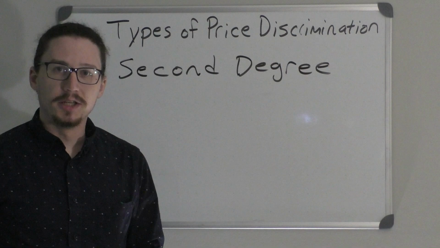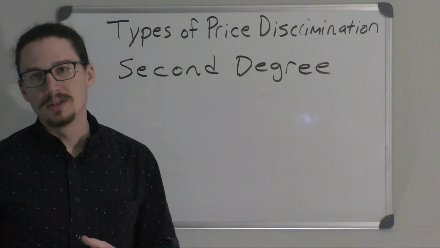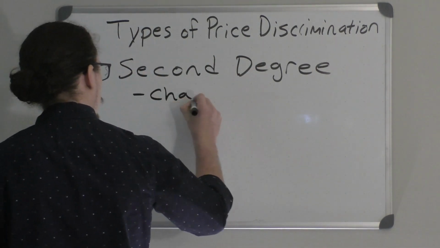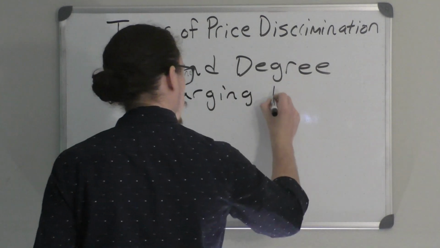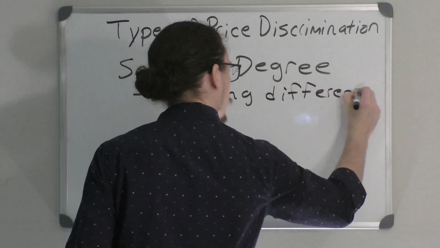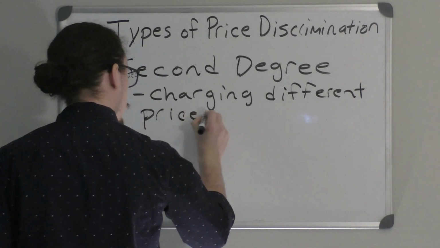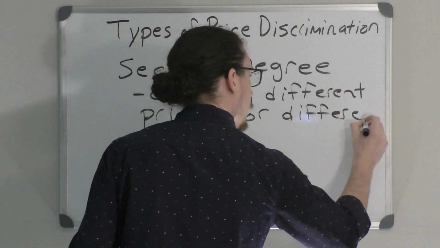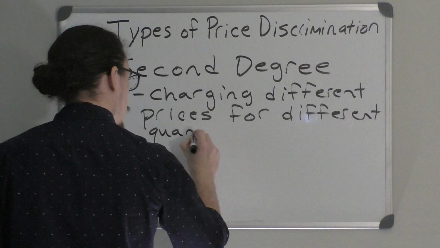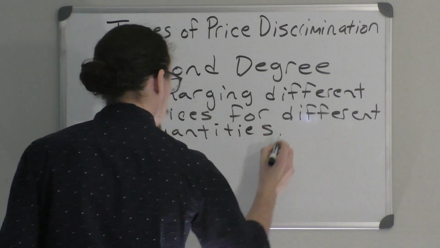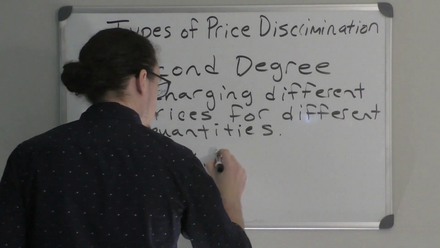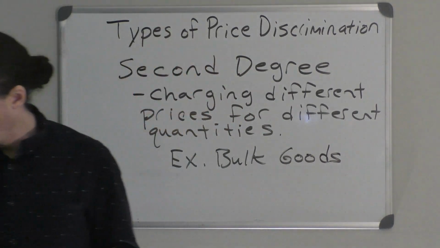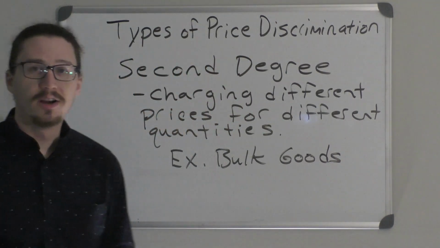Second degree price discrimination is when you charge different amounts based on quantity, how much you're buying. Really this is where we're talking about bulk goods.